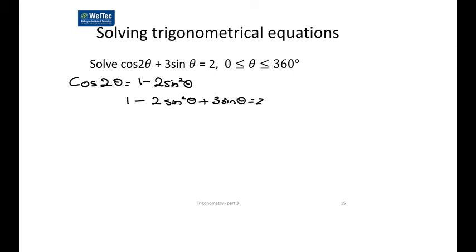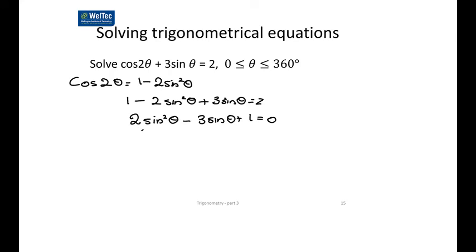We can rearrange that so that we can say 2 sine squared theta minus 3 sine theta plus 1 is equal to 0. Now that's just a quadratic. Yes, it looks complicated, but you can factorize it just as normal.